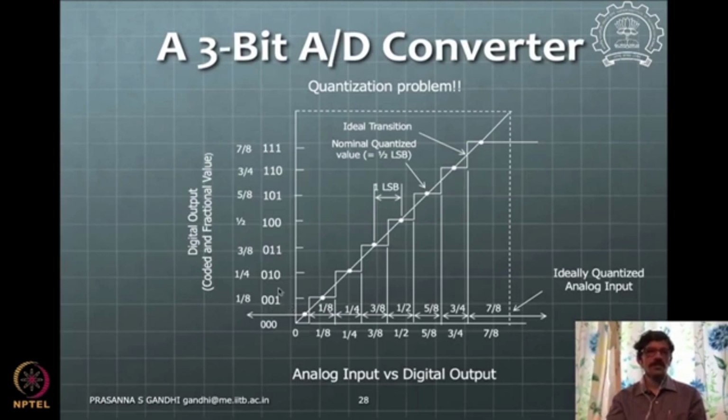So if you have a 3-bit conversion, then the least count will be 1/8. You'll have that much error in conversion. So this is called quantization error, which typically exists in these systems.